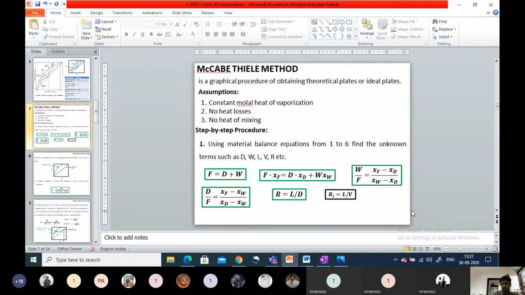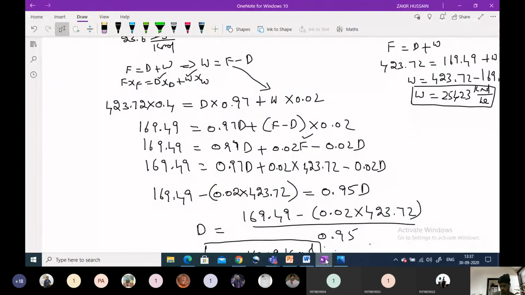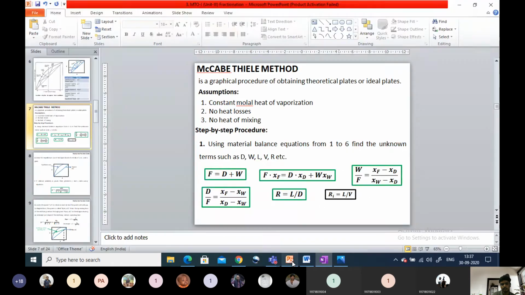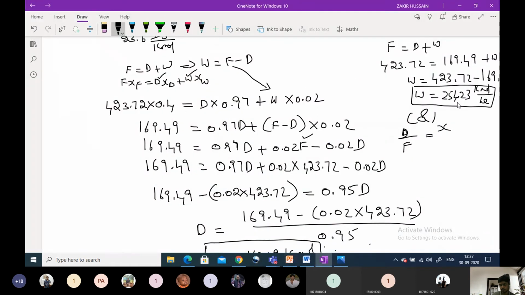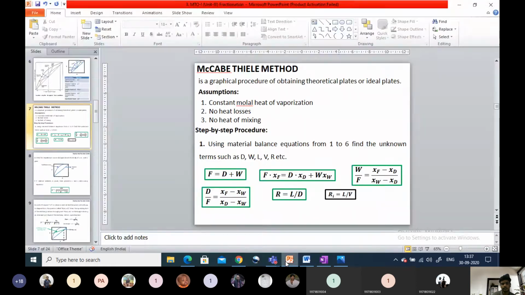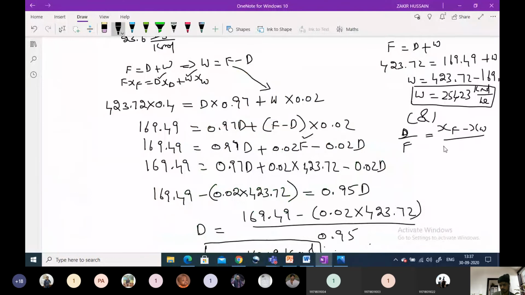You will get the same answer. So D is equal to F, 423.72, into (xF minus xW) by (xD minus xW), with xD 0.97, xF 0.4 and xW 0.02.